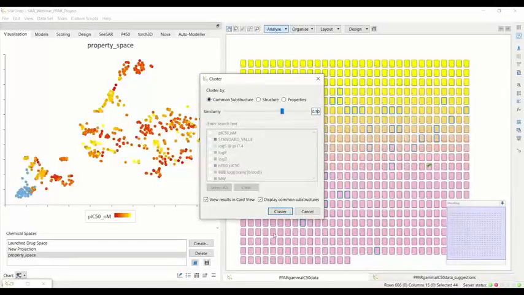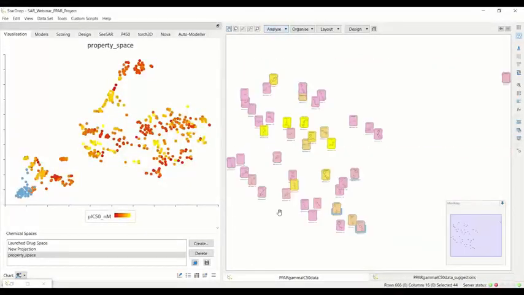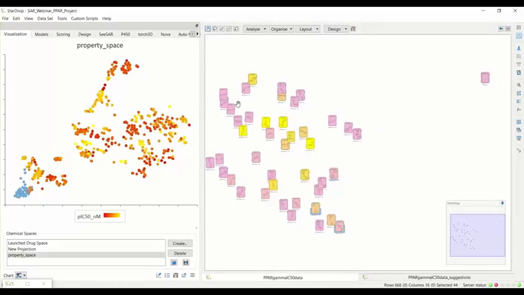In this particular case, I'm just going to go for a fairly low value-ish of 0.5 and hit Cluster. And what this is doing, it's taking our StarDrop fingerprint. It is looking at the similarity between those common substructures that it finds, and then lays them out in CardView in a way where there are some neighborhood effects.